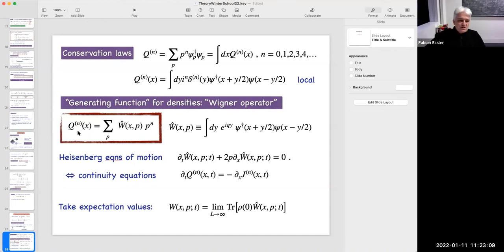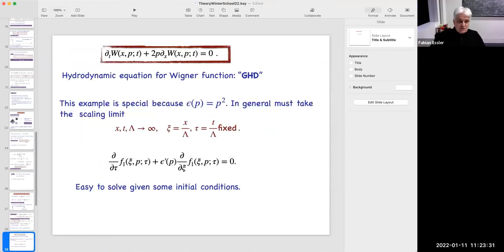Because this Wigner operator is the generating function for these Qn of x's, this is in one-to-one correspondence with continuity equations for all of these charges. And once you take the expectation value of this operator equation, you get an equation for the Wigner function.